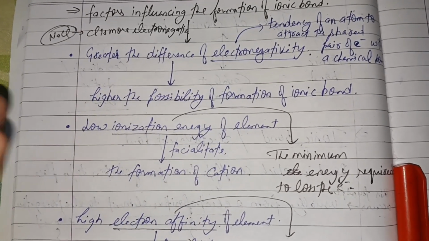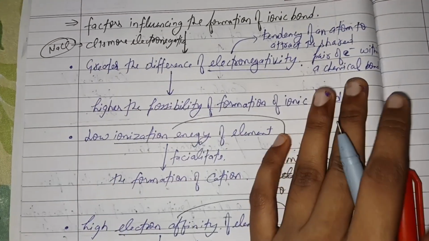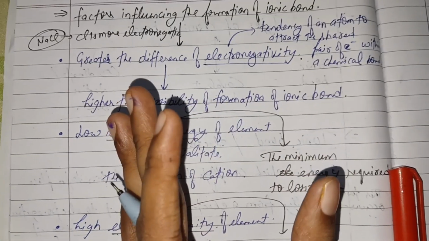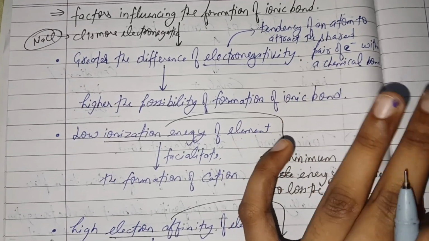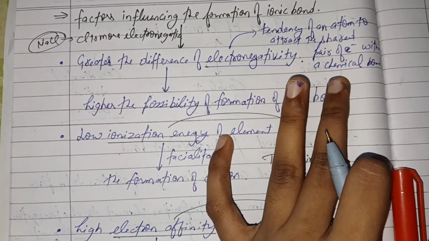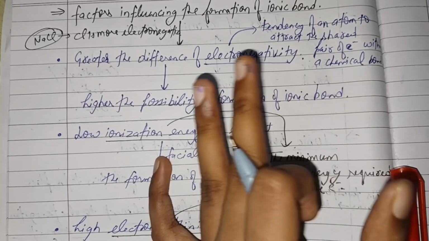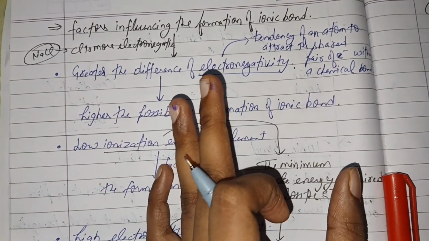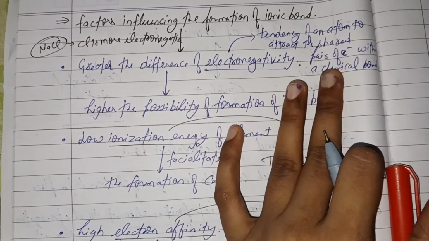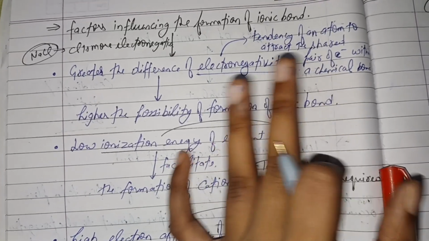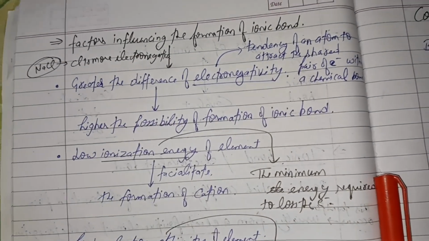Both are equally the same, but this one is more towards covalent bonds. So right now, try to understand it as the attraction of electrons rather than the shared pair of electrons. Actually it is the shared pair of electrons, but just think of the attraction.